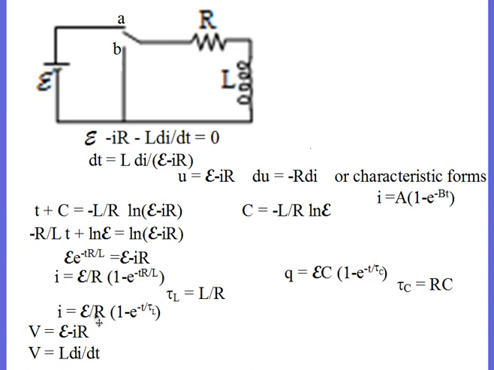So you could put this in for I and get an expression for V. Or you could take the derivative of this I with respect to time and multiply it by L to get the potential difference across that inductor. And perhaps much to your surprise, either one of these will yield the same expression for the voltage as a function of time, which would have appearances somewhat like this.